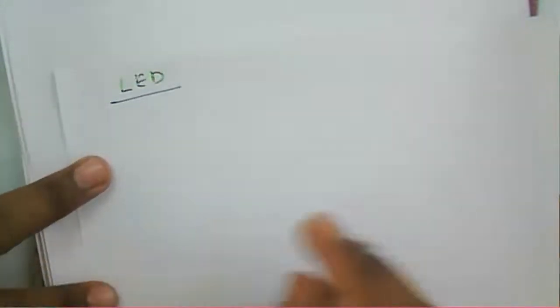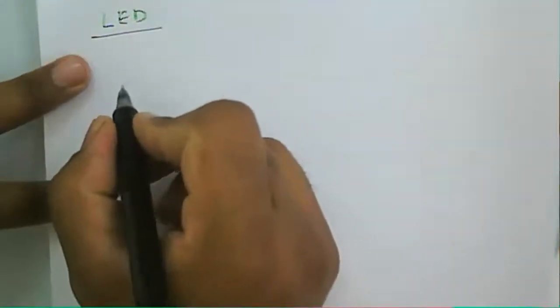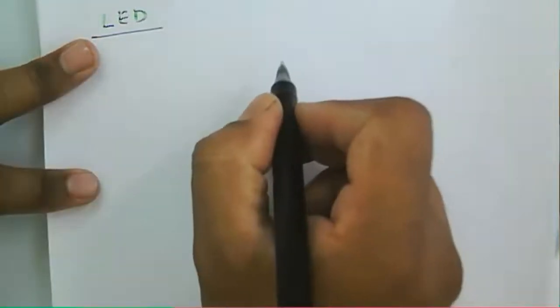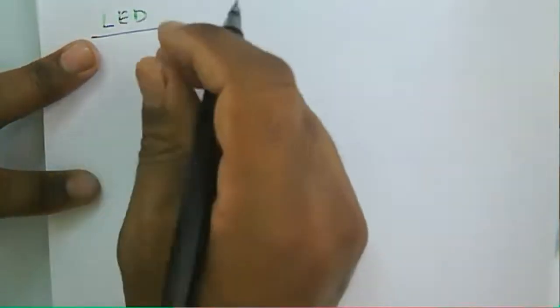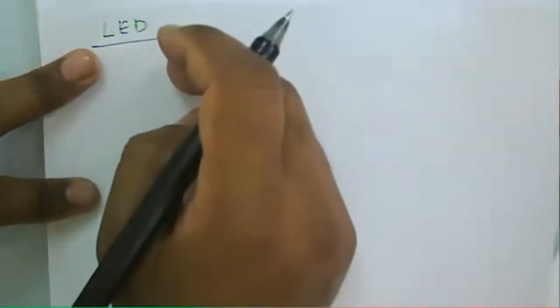But if you compare the light emitting diode with a laser, what are the advantages and disadvantages of the LED? The light emitting diode requires less complex circuitry, because we need a driving circuit for both the laser and the LED.